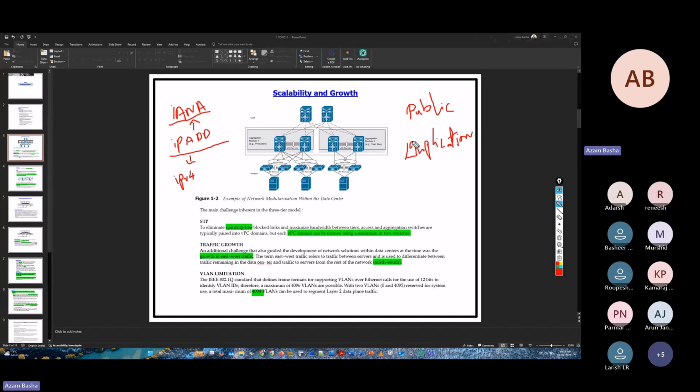So who takes care of all of that? IANA. It makes sure that no one else has authority over the IP addresses so that the internet works. So they came up with a statement, almost a year and a half ago I assume, that they are no longer selling IPv4.